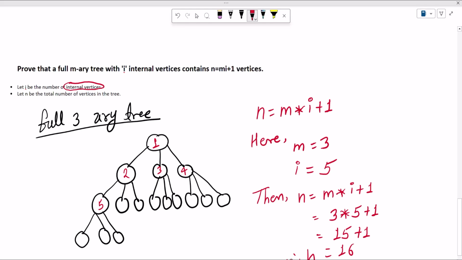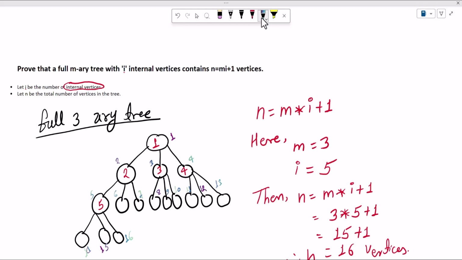So a total of 16 vertices. Let us count: 1, 2, 3, 4, 5, 6, 7, 8, 9, 10, 11, 12, 13, 14, 15 and 16. So you can see there are a total of 16 vertices in the given full 3-ary tree.